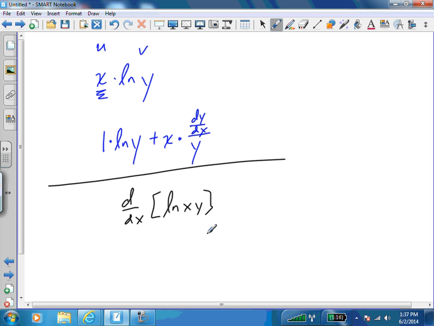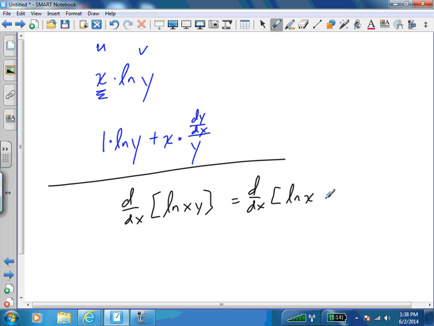Now there's more than one way to do this. Any suggestions? That would be the best thing to do. We have natural log of a product. So before we actually apply the derivative, let's write that as two different logs.